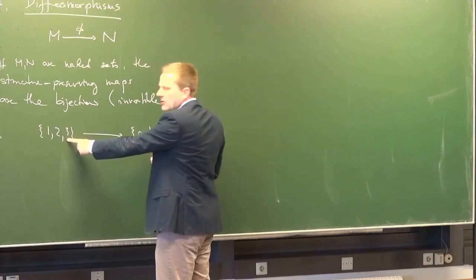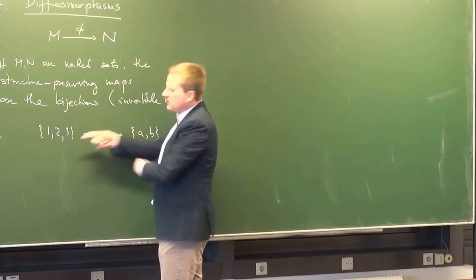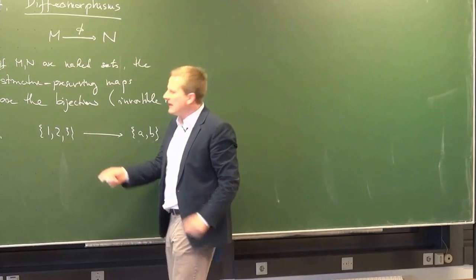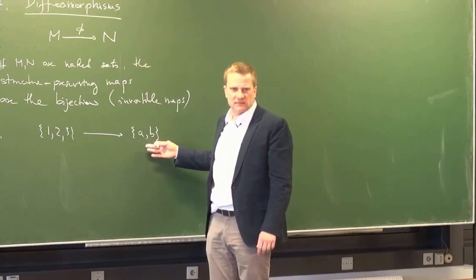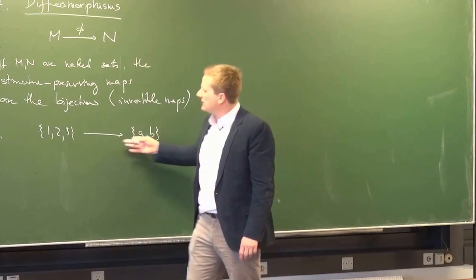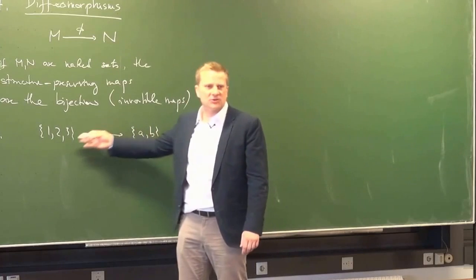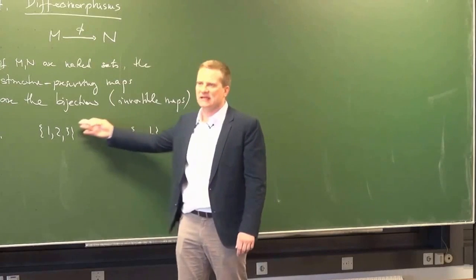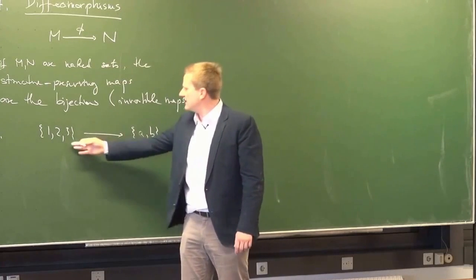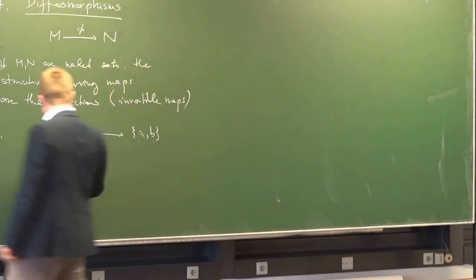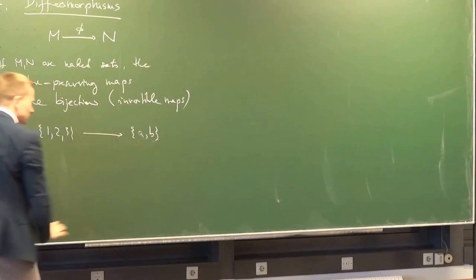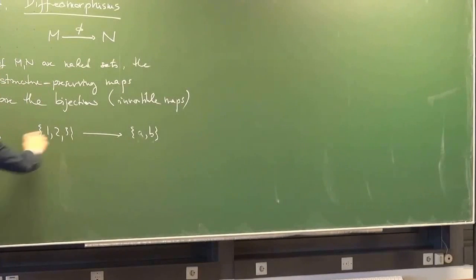I would have to map it to A or B again, but then it wouldn't be bijective because no inverse exists. And in fact, you compare the size of sets, informally speaking, by talking about there exists a bijection, then you call the sets to be of the same size. Well, for finite sets, that's maybe a little bit overdone as a definition, but for infinite sets, it works. So that's an example where it doesn't work. There exists no structure preserving map.